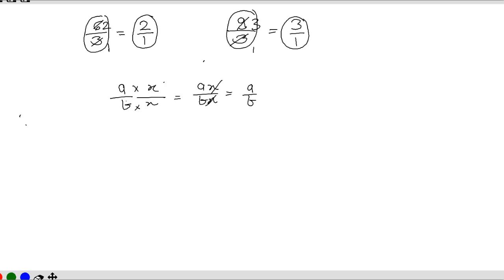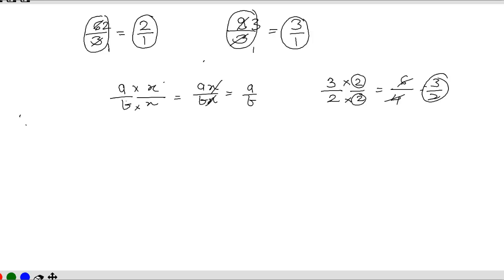So for example, if there is a ratio 3/2, and if I multiply both these terms by 2, it will become 6/4, but again when we will solve it, it will become 3/2. So even if we multiply the ratio by any number, the ratio will remain the same, it will not change.